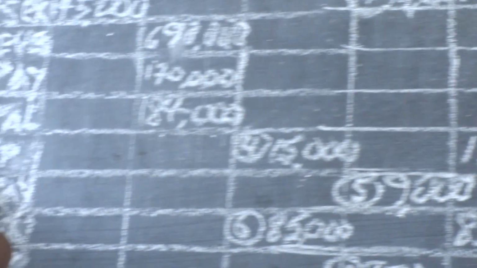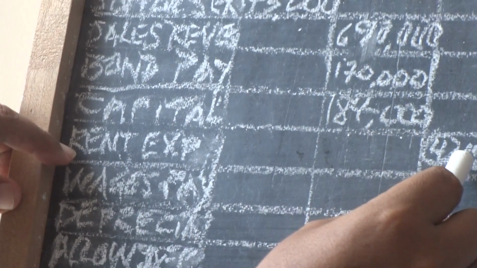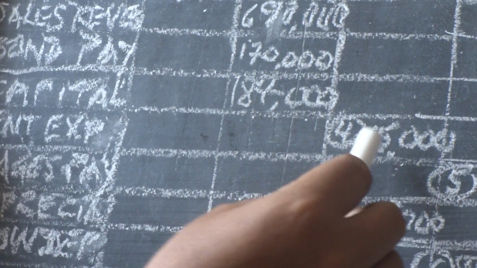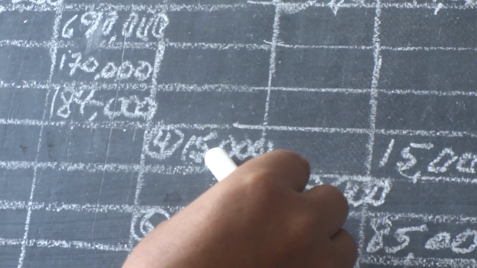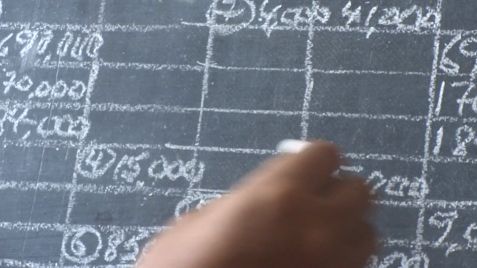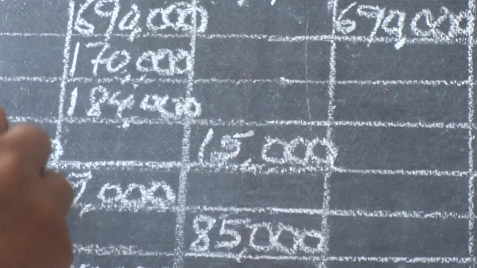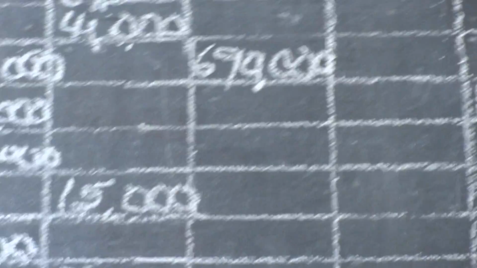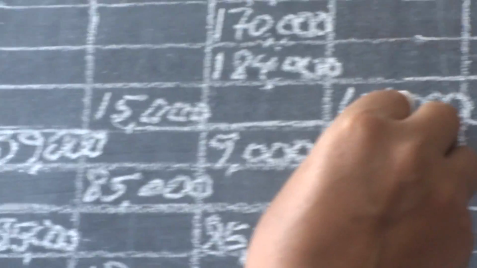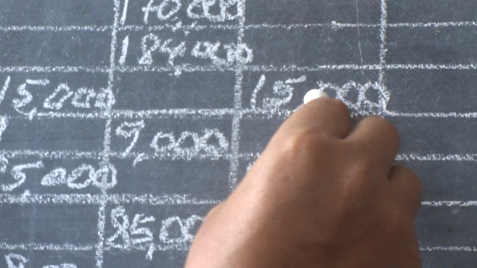Then we have the account rent expenses that we said is the prepaid rent. We saw before, this $15,000 goes to the column adjusted trial balance in the debit, and then to the column income statement in debit.